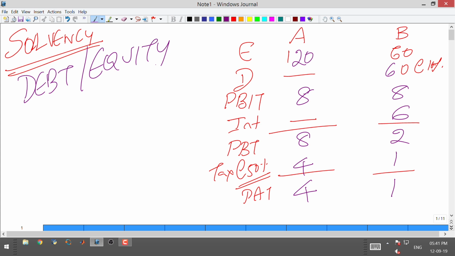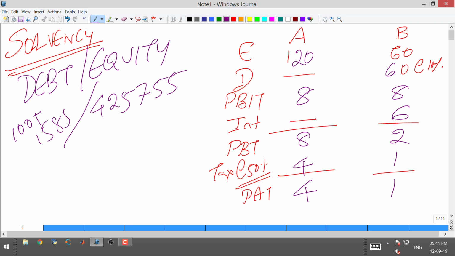If you look at my total equity in this particular case, I am looking at equity attributable and so on. Total equity for 2017 is 425,755, and the non-current financial liabilities, borrowings in this particular case, is basically 100 plus non-current liabilities of 15,859, against 425,755.